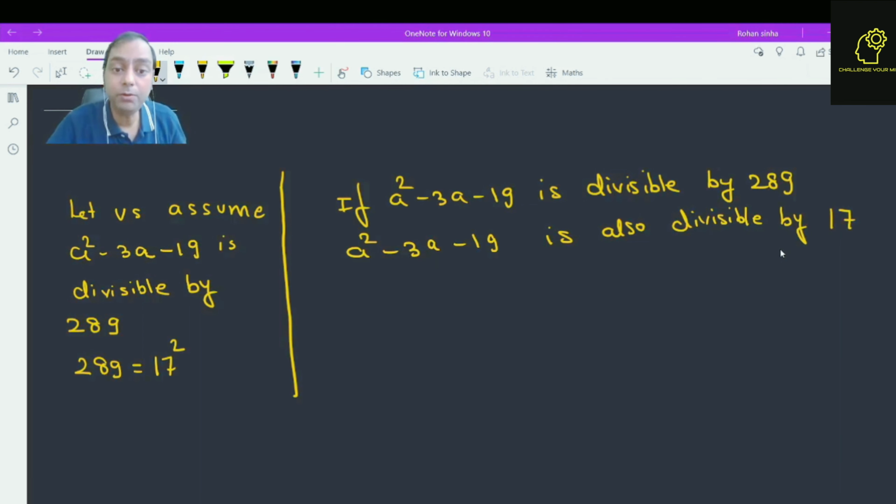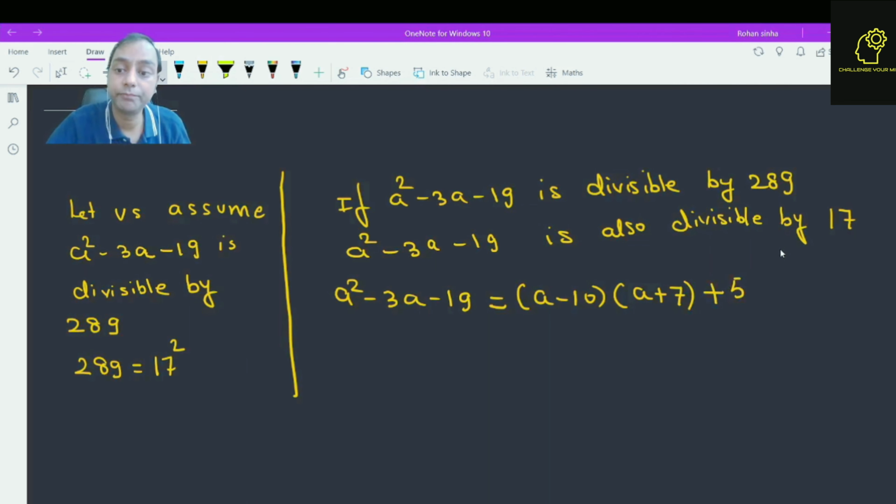Now, what about a square minus 3a minus 19? We can write a square minus 3a minus 19 as a minus 10 into a plus 7 plus 51.